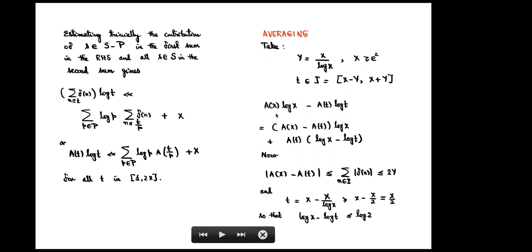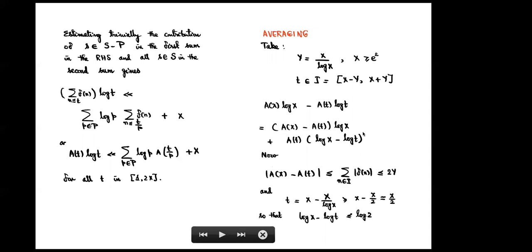It has nothing specifically to do with the function f or A. It's simply an identity obtained by checking, if you cancel off, it's just how you handle bilinear relations. So this tells you the difference between A(x) log x and A(t) log t.